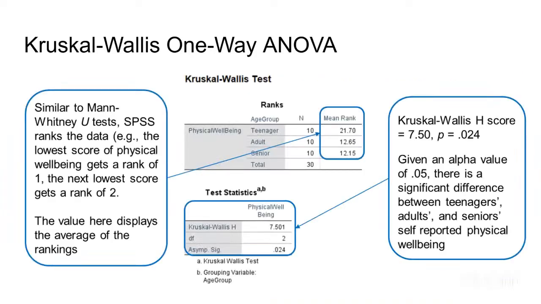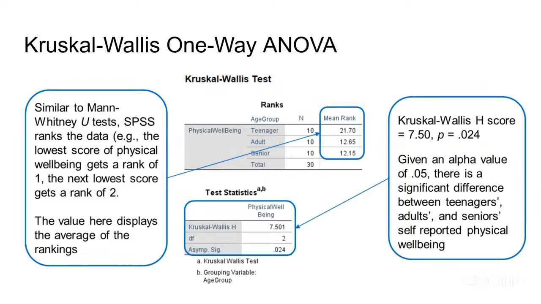Now the Kruskal-Wallis result is there. Kruskal-Wallis H is 7.50 and the significance level is 0.024. Given an alpha value of 0.05, there is a significant difference between the teenagers, adults, and seniors' self-reported physical well-being.